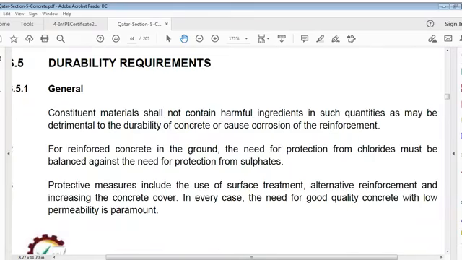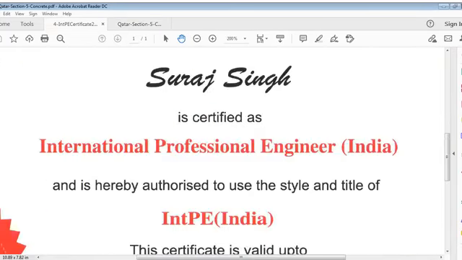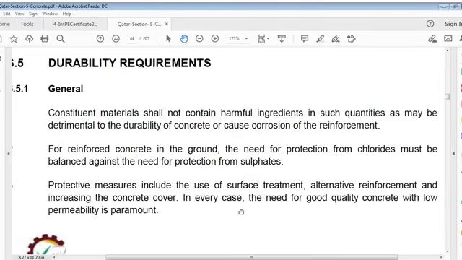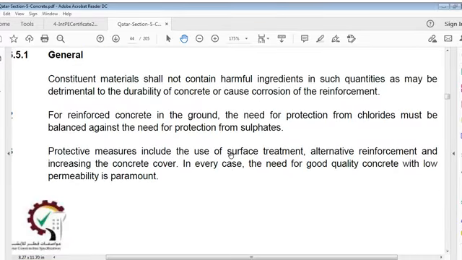Now durability requirement is also very important. Durability requirement, you have to understand that constituent material shall not contain harmful ingredients. Whatever material we use shall not contain any harmful ingredients in such quantities as may be detrimental to durability of concrete or cause corrosion of reinforcement.